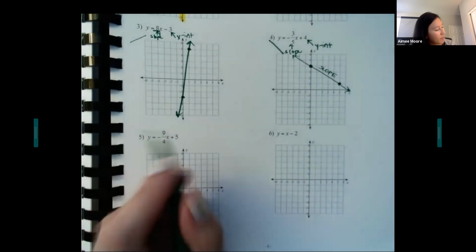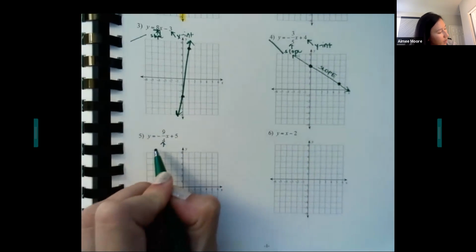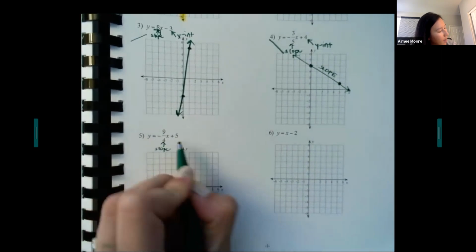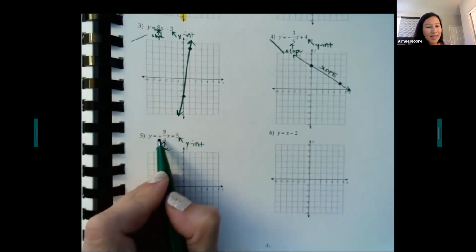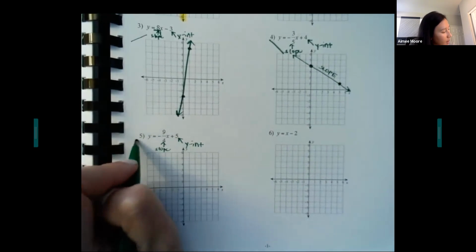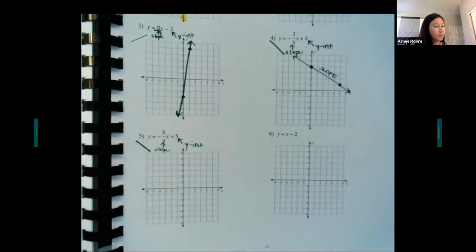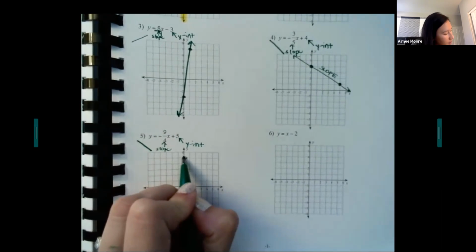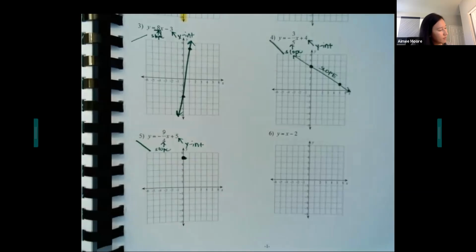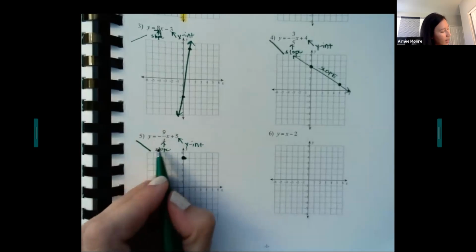Okay, number 5. So again, we'll label our slope and our y-intercept. Again, our slope is a negative, so our line is going down. Our y-intercept is 5, so we're going to go up to 5. And then -9/4.